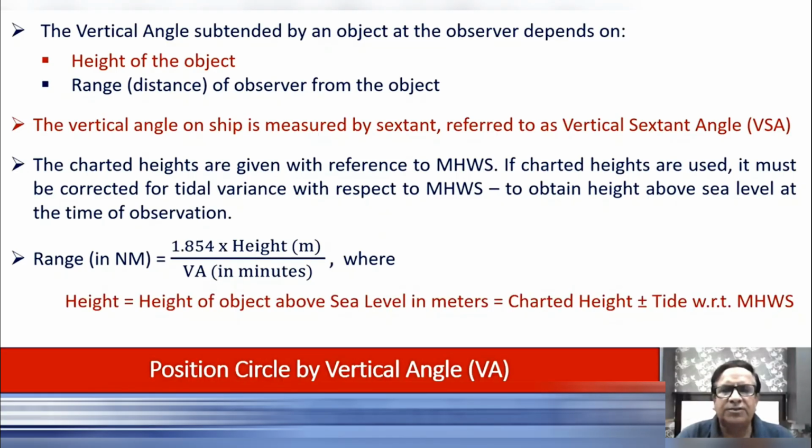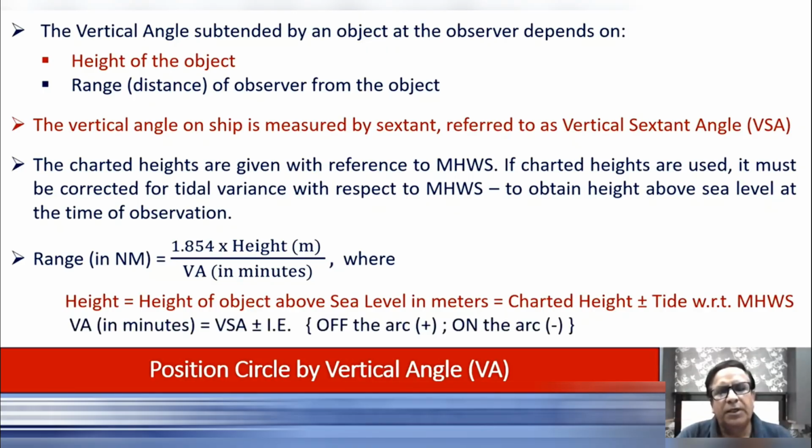Height of the object above sea level would be the charted height plus or minus the tidal variance with respect to mean high water spring. And vertical angle is equal to the vertical sextant angle corrected for the index error of the sextant. Index error, if it's off the arc, is added, and index error on the arc is subtracted.